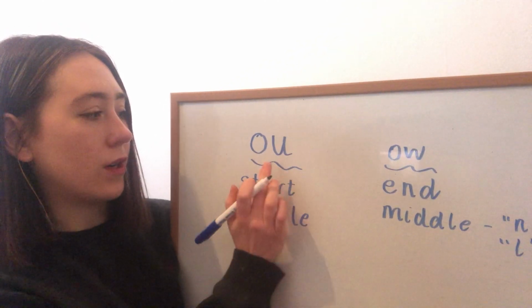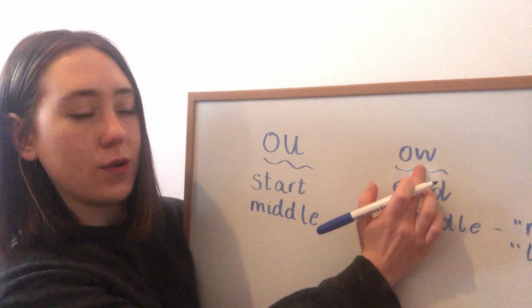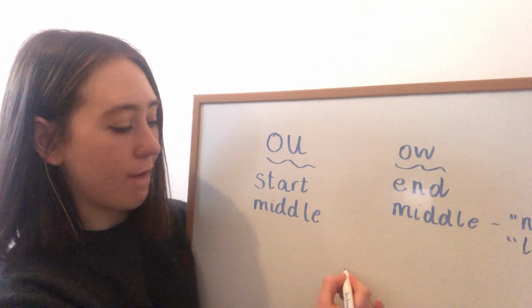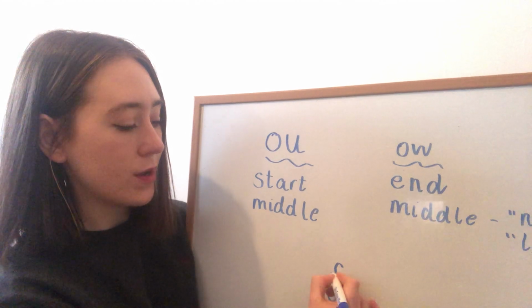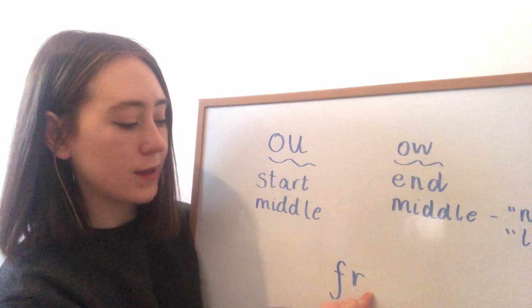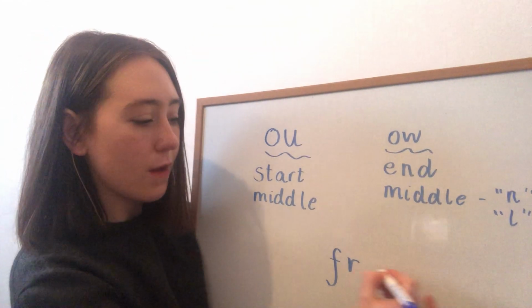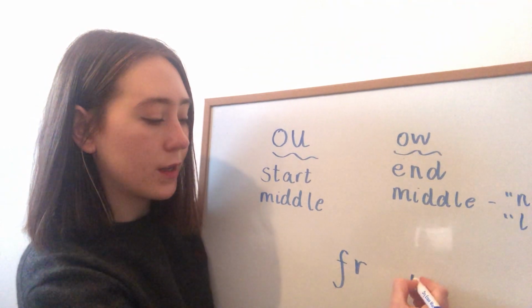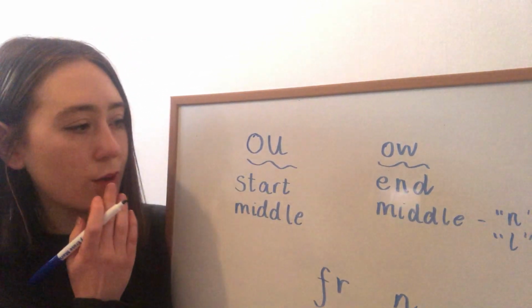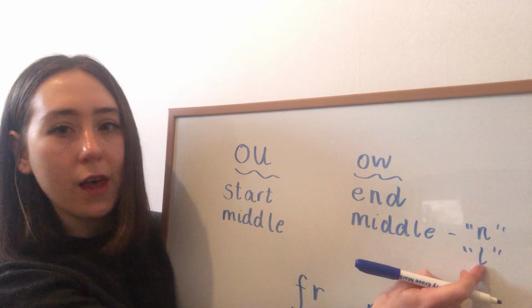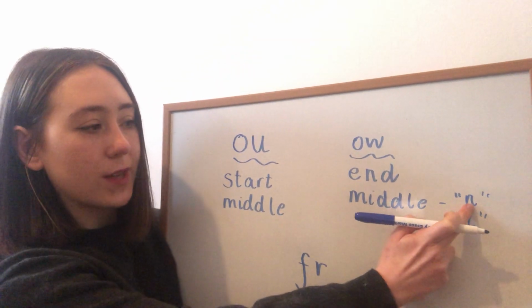Do you think it's ou or ow? We have frown, so we know the ow sound is in the middle. Frown. So does it end with an n or an l? Yes, it ends with an n.